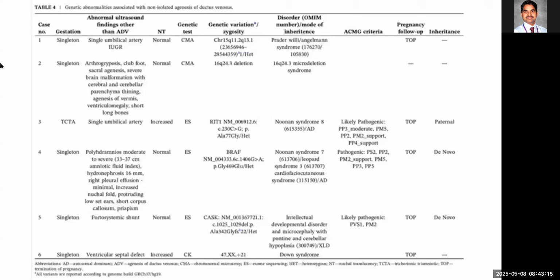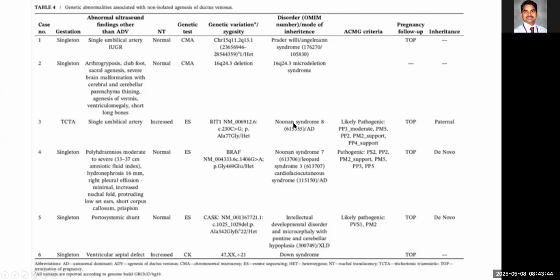And this is the table showing genetic abnormalities associated with non-isolated agenesis of DV. So there was one microdeletion in 15q, that's what we said, and then another one in 16q. So these 2 would have been picked up by CMA. Then RIT1, BRAF, CASK. CASK is spontaneous cerebellar hypoplasia.